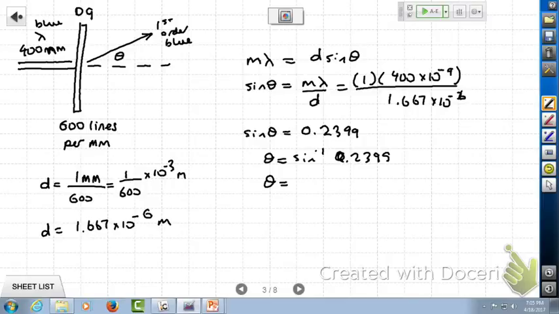I'm getting, oh yeah, I'm in radians, yes. 0.236 radians. And if I want in degrees, I can change it to degrees. Makes no difference.